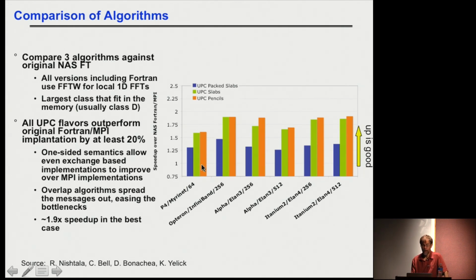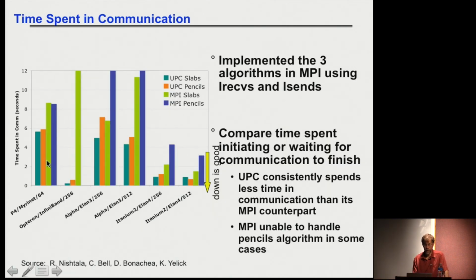And so the question is, how much was that due to the communication speeding up? So let me extract from this the time doing communication and show that on the next slide. And so these are the same platforms, and now I am comparing UPC and MPI, just the communication costs.